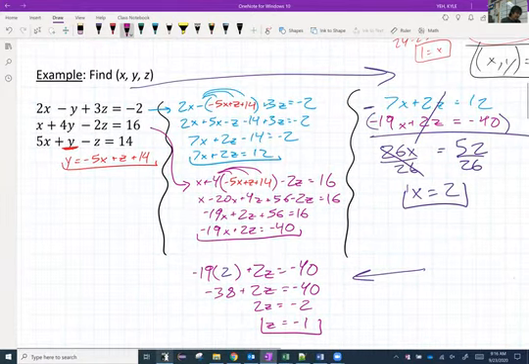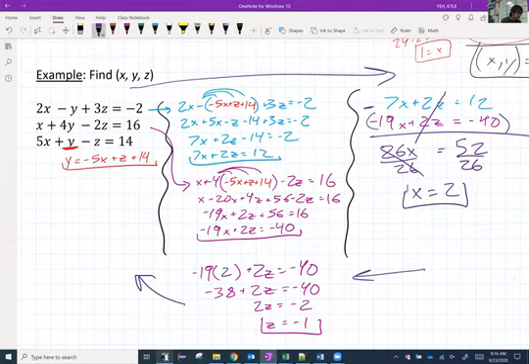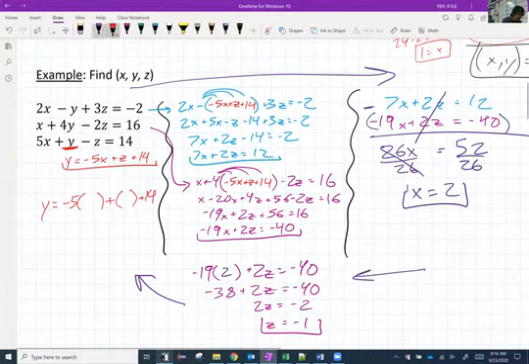Divide them both by 2, z equals negative 1, it looks like. And now that I have x and z, I can just plug them into my y equation. y equals negative 5x plus z plus 14. So negative 5x, we said x was 2, z we said was negative 1.